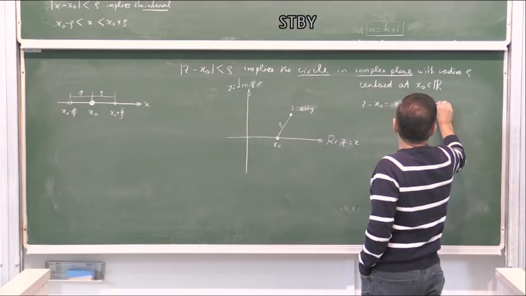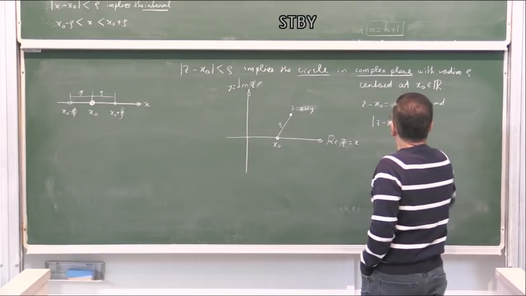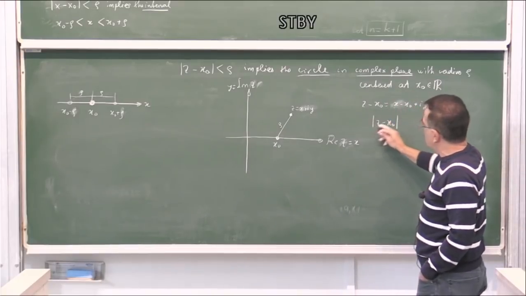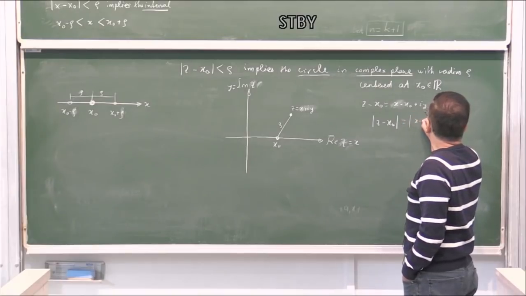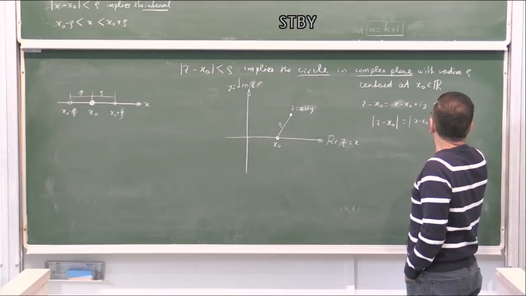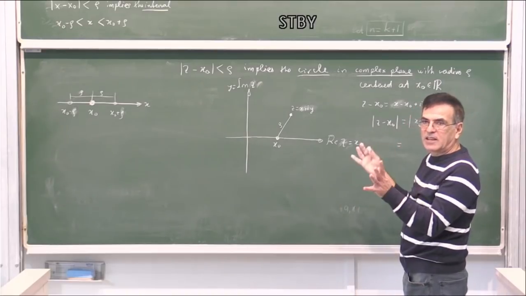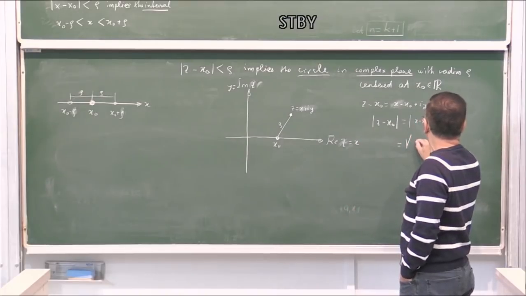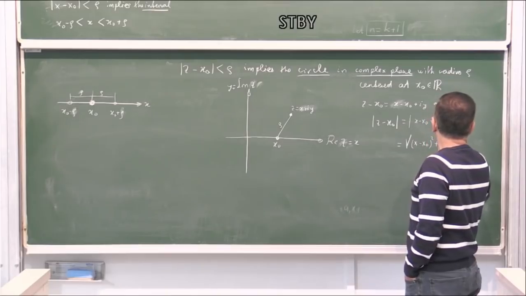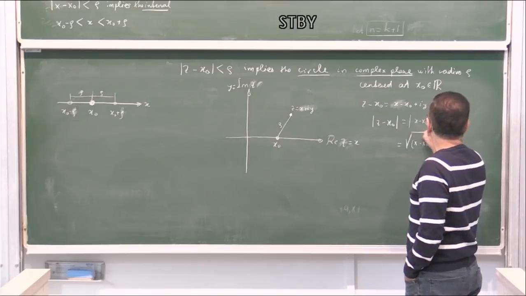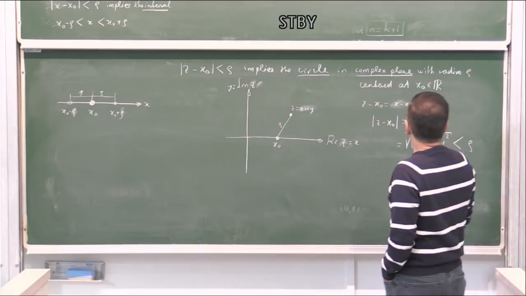Good. And absolute value of z minus x0 stands for the modulus of x minus x0 plus iy, which is the distance from z to x0, and it is the square root of (x minus x0) squared plus y squared. This is smaller than rho. Okay?